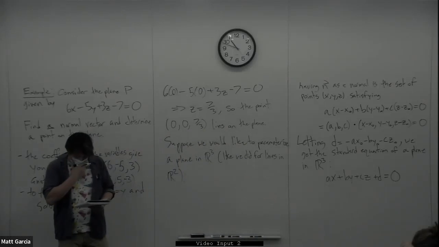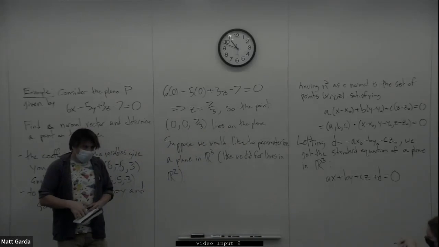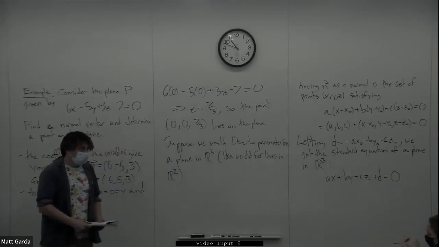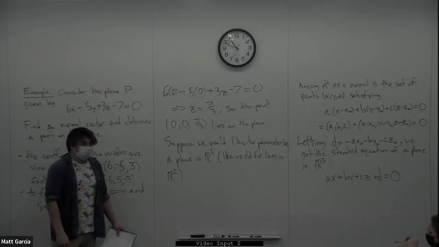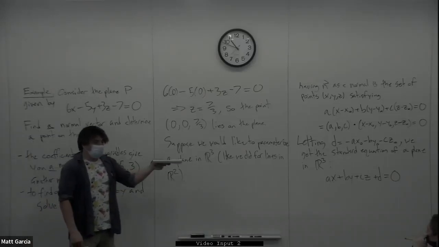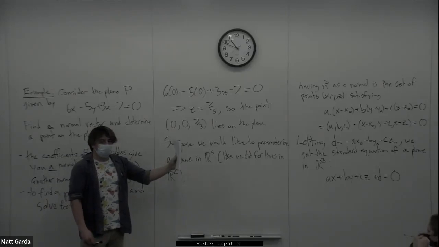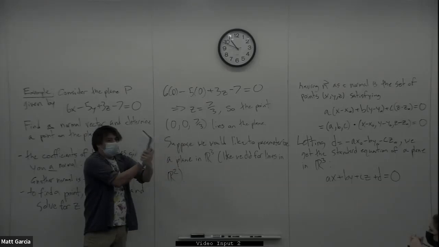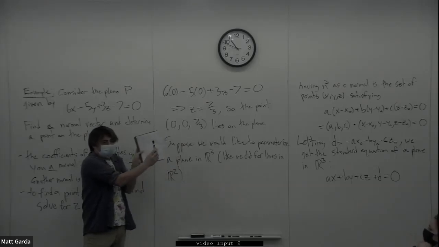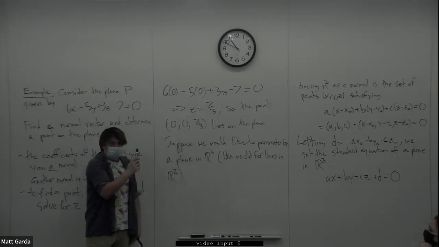Well, here's the problem. When we discussed lines, we only had to specify a single parallel vector, right? Here I have a plane. Well, let me orient it this way. Let me take some parallel vector. All of these different planes, as I move this around, these are all distinct planes, right? And they're all parallel to this vector. A single parallel vector is not enough to specify a plane.